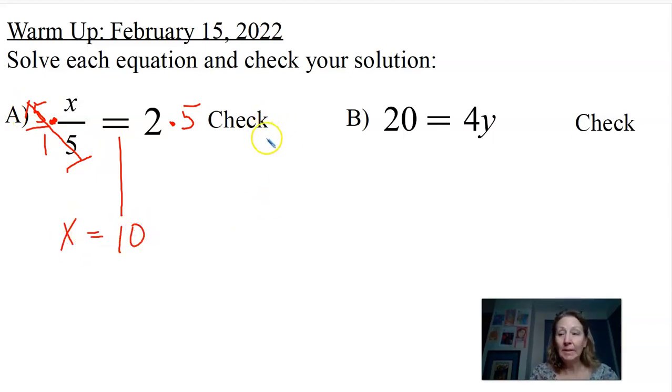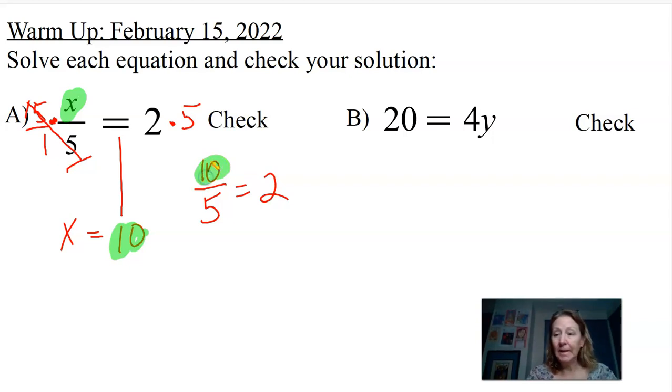When I check it, I plug in place of the x, I'm going to put in the solution of 10. So I rewrite the equation, 10 divided by 5 equals 2. So this is where I plugged in that 10. And then I do the math on both sides, and I get 2 equals 2, check.